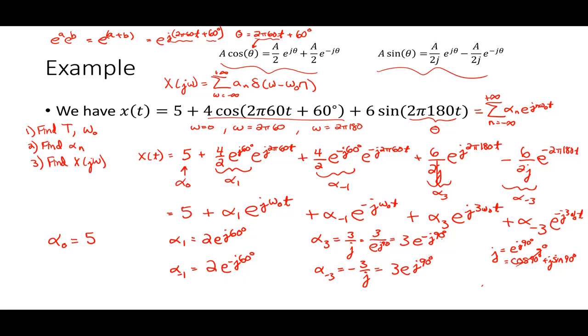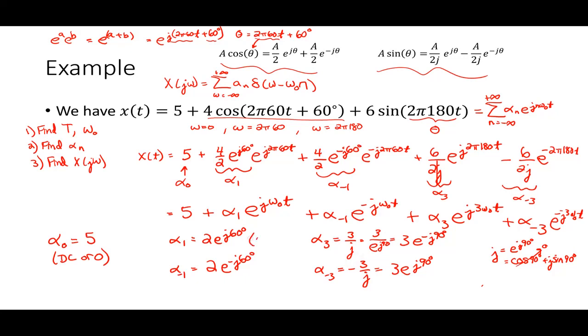So I've got now my 5 coefficients that I need to make the series: alpha naught, alpha 1, alpha minus 1, alpha 3, and alpha minus 3. Now, just for the sake of argument, let's write the frequencies that these correspond to. This one corresponds to DC, or 0 hertz, or 0 radians per second.